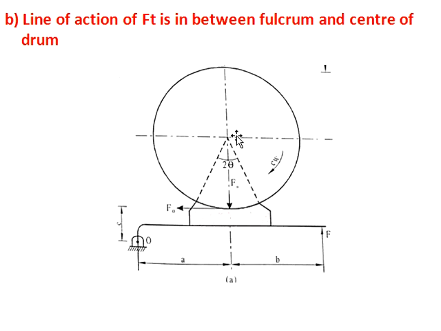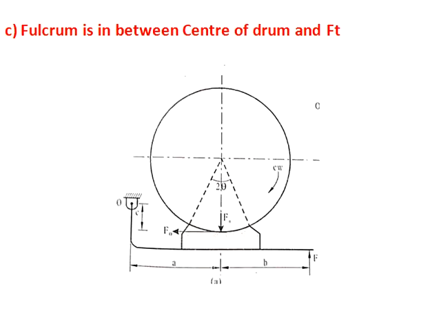So that is the second case, and here the distance between Ft and fulcrum is indicated with the help of letter C. And the last case, in last case fulcrum is in between center of drum and Ft. So in this diagram you can see fulcrum is located in between center of drum and Ft. So these are the three cases. Whenever a question is given, identify which category or which case the question comes under. After that, select the right equation from data book.